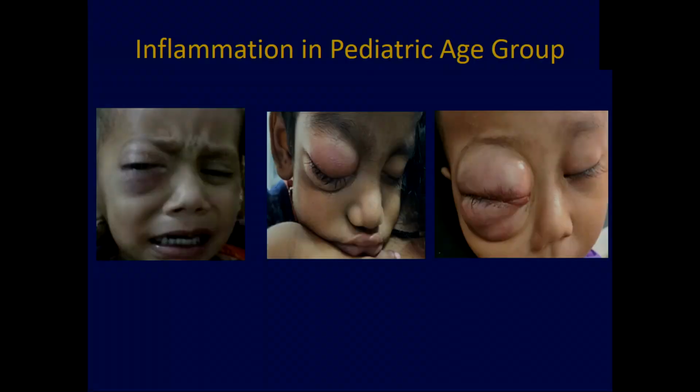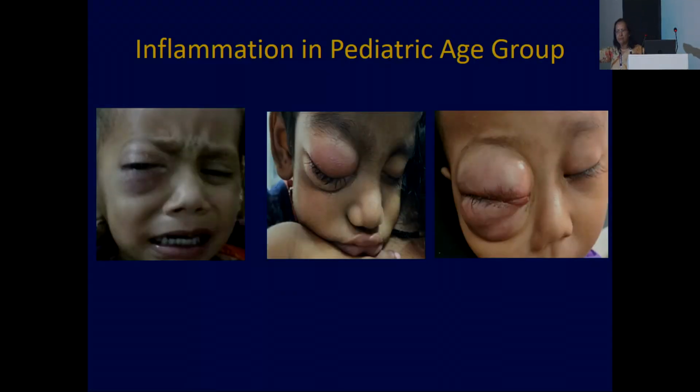There are 3 images. What is the first image? Can I get a pointer? Anyone want to volunteer? What is the first image?